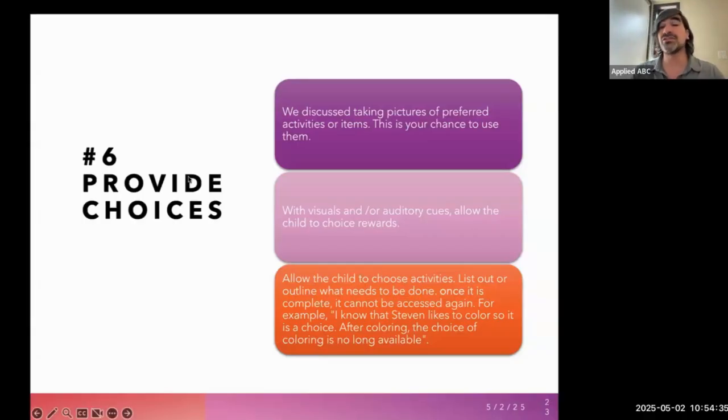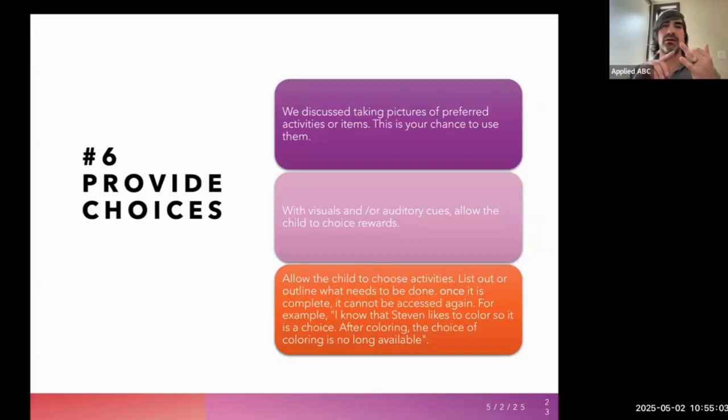And then it doesn't just apply to those rewards and reinforcers, it also applies to activities. So list out or outline what needs to be done. Once it's complete, it cannot be accessed again. For example, I know that Stephen likes to color, so it's a choice. After coloring, the choice of coloring is no longer available. A lot of times we'll set a visual schedule for the whole session, and it's like, okay, I know we need to work on matching.